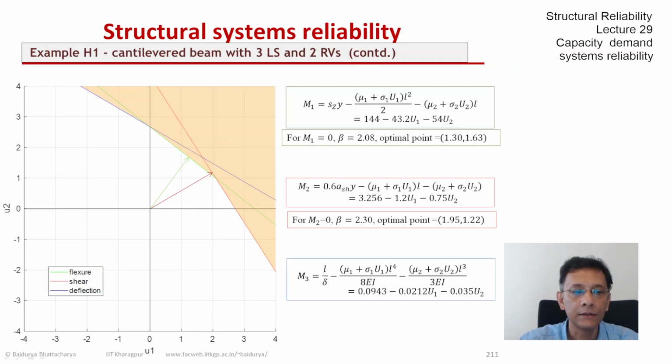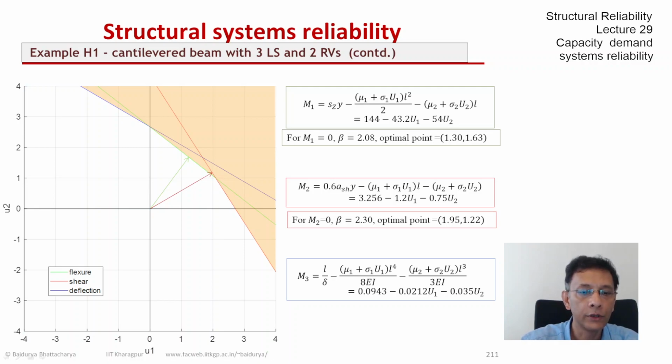And likewise, we could analyze the deflection limit state. Again, it's linear in U1 and U2, and we have seen the forms. Again, let's make sure that M3 is positive when U1 and U2 are 0, so the origin is in the safe region. The linear form of M3 in terms of U1 and U2 is there at the last line of that blue block.